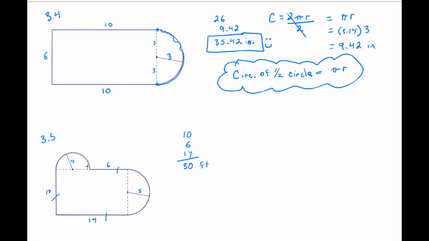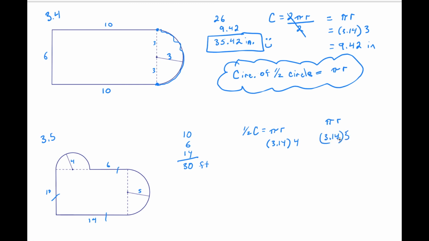Now we've got to get these 2 half circles. All right, so we have a half circle with a radius of 4. So we know that the half circumference equals pi r, right? So that's going to be 3.14 times 4. And the other half circle has a 5 radius. So that's pi r. And that is 3.14 times 5.